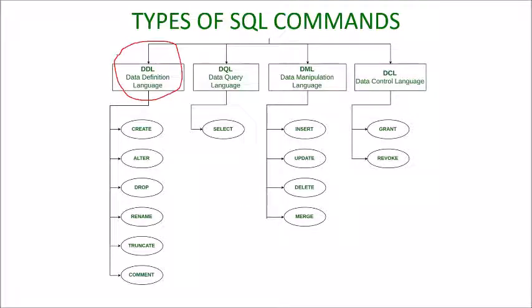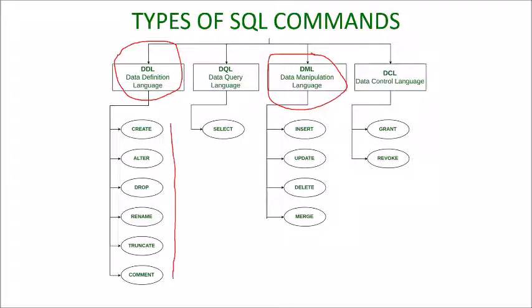Whenever we are changing the structure of the table, those commands which we can use to change the structure of the table come under DDL, that is data definition language. And commands that are used to handle the data, change the data, manipulate the data, update the data, all these things come under data manipulation language. This is the basic difference between the two. So DDL commands are the commands which can be used to create the table, change the table.